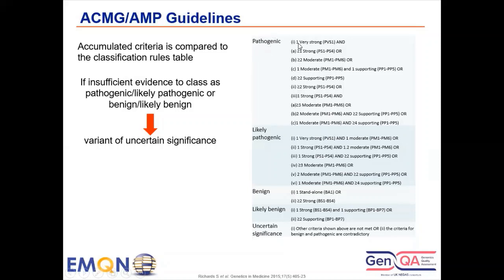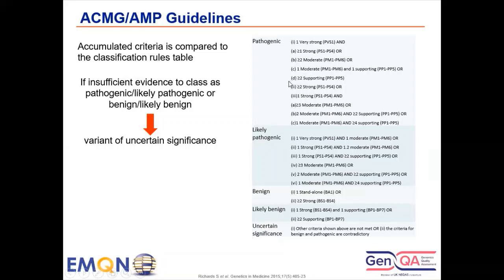For instance, when you have one very strong argument, in combination, and it's really an 'and' as written here, you need at least one other strong argument, or you need at least 2 moderate arguments, or you can have a combination of 1 moderate and 1 supporting argument, or you can have 2 or more supporting arguments.